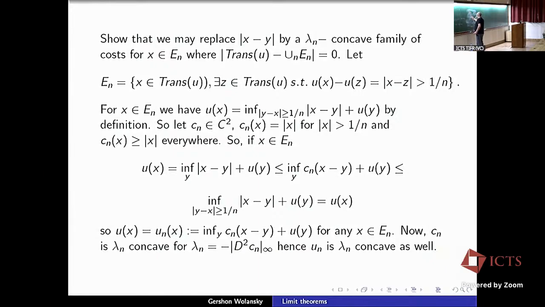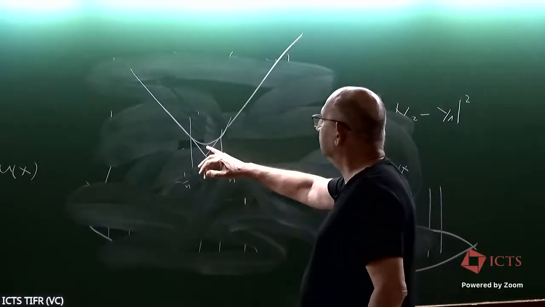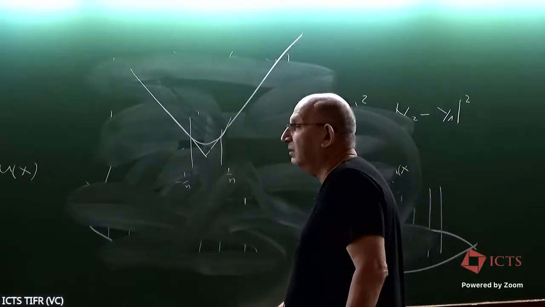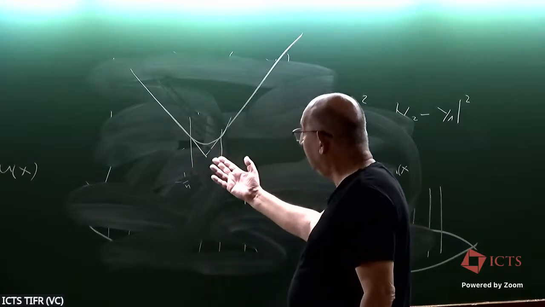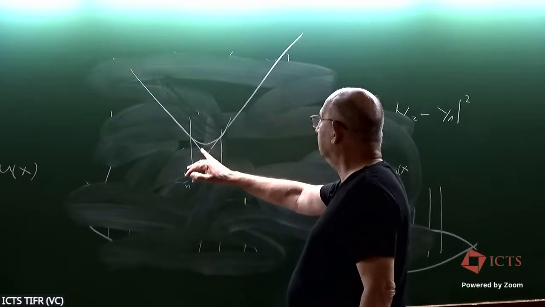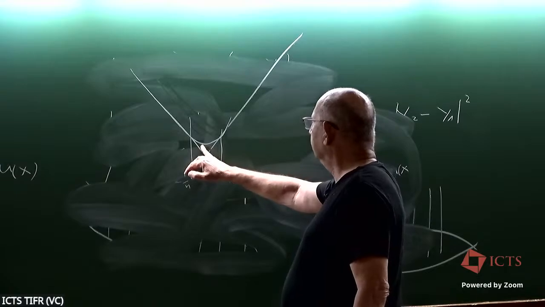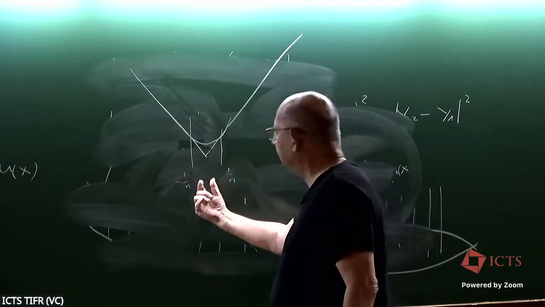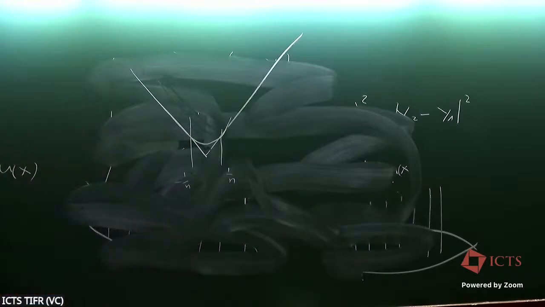This is the absolute value of x, and we take something like this. Okay, so this is a C2 function. The second derivative can be very large if n is very large, because we go from derivative plus 1 to minus 1 in a very short interval, but still bounded.